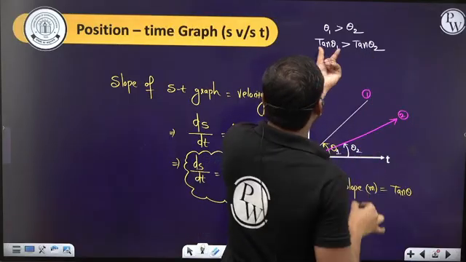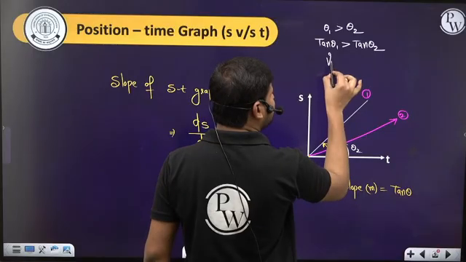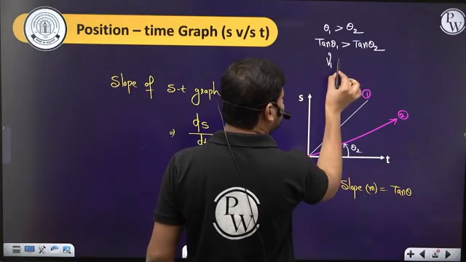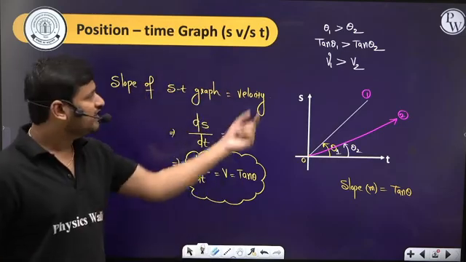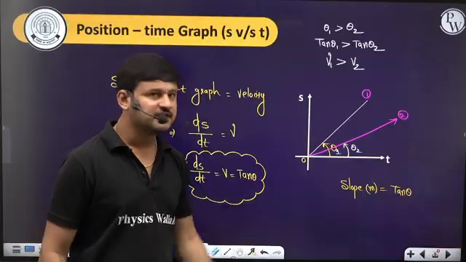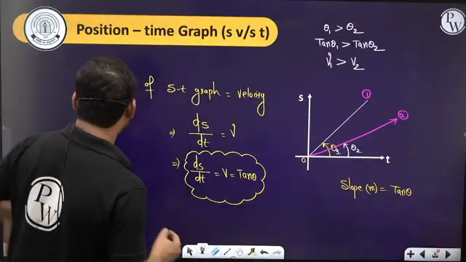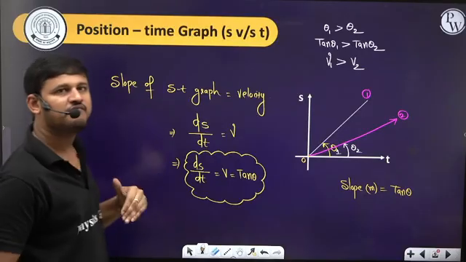So what is tan theta? Tan theta is nothing but velocity. So I can say that the velocity of body 1, v1, will be greater than the velocity of body 2, v2. So if the slope is more, the velocity will be more.